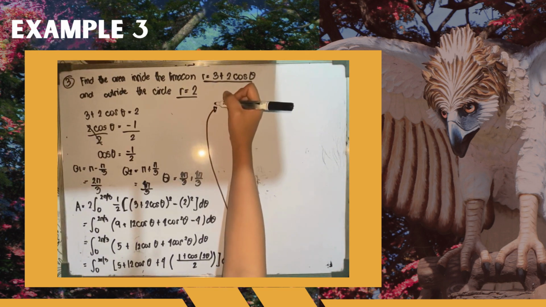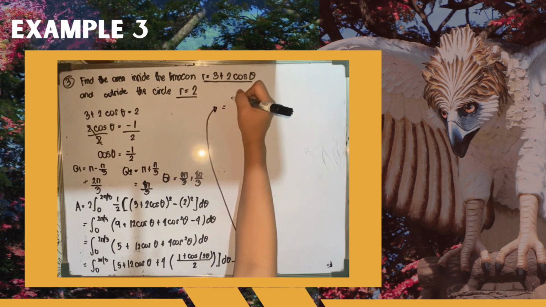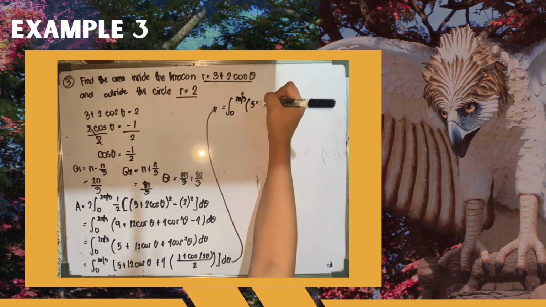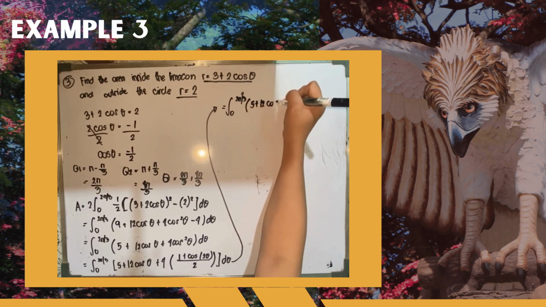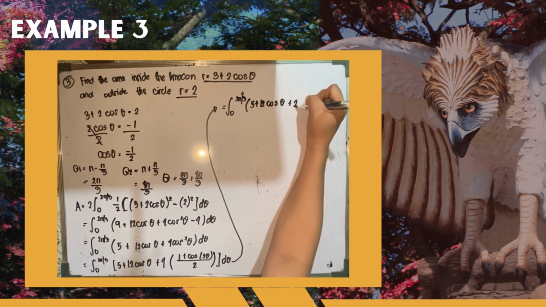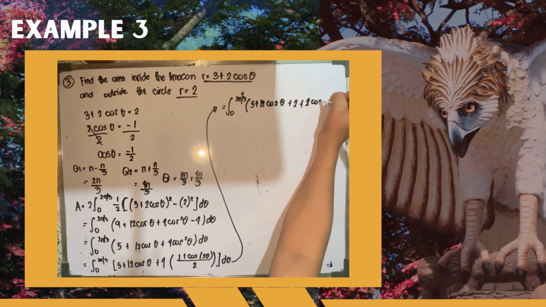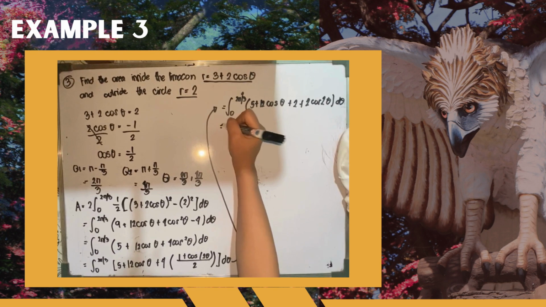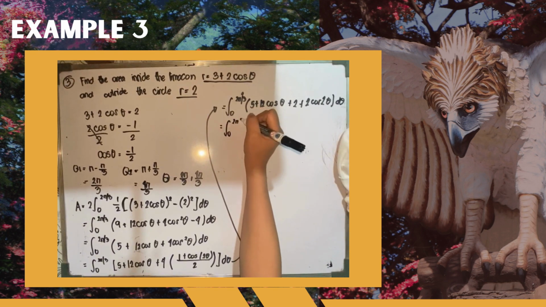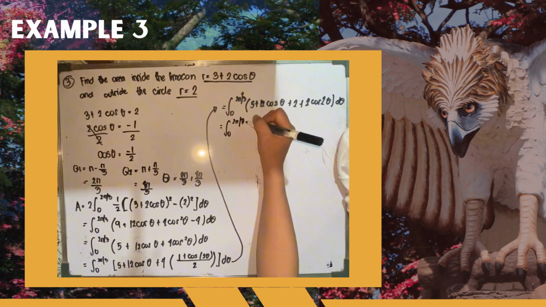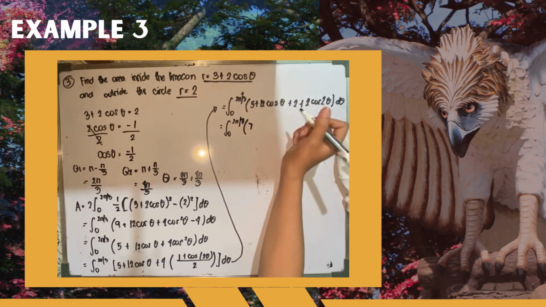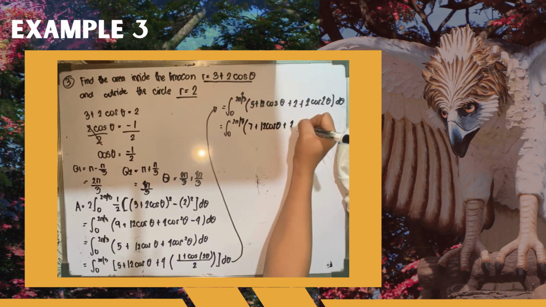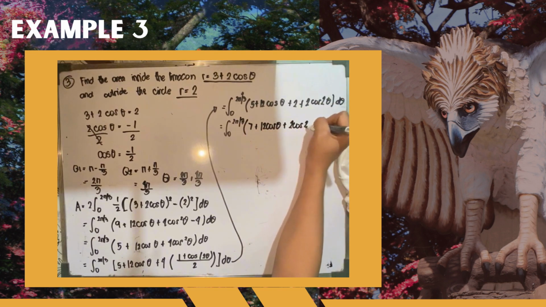Now, simplify the equation. We will get the integral from 0 to 2 pi over 3 of 5 plus 12 cosine theta plus 2 cosine 2 theta d theta. Now, we get the integral from 0 to 2 pi over 3 of 7 plus 12 cosine theta plus 2 cosine 2 theta d theta.